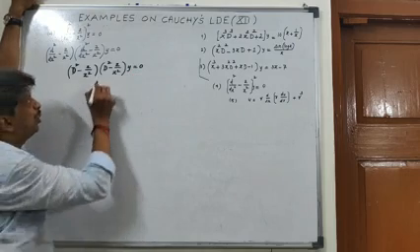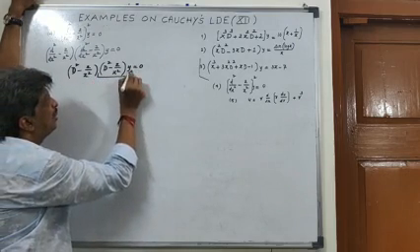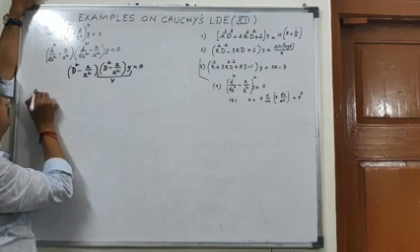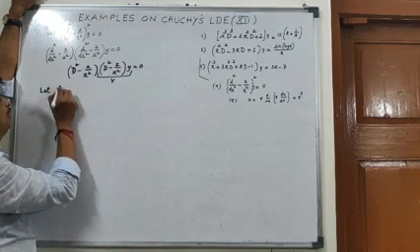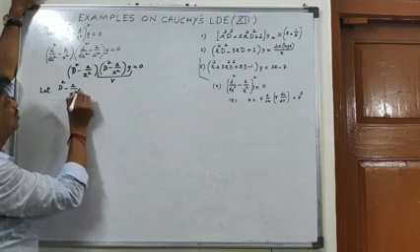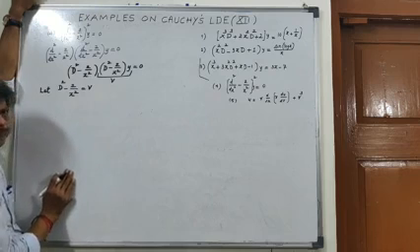For the sake of convenience, let me put this term as say V. Let D square minus 2 by x square equal to V.